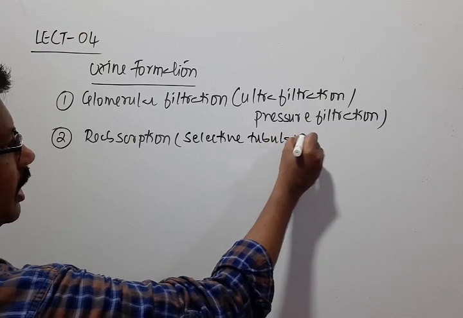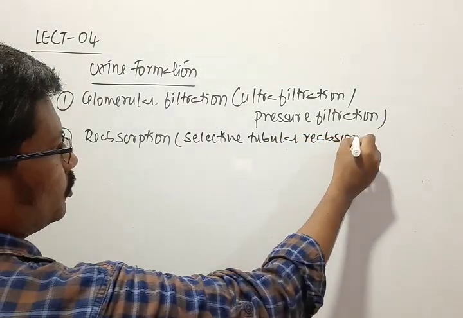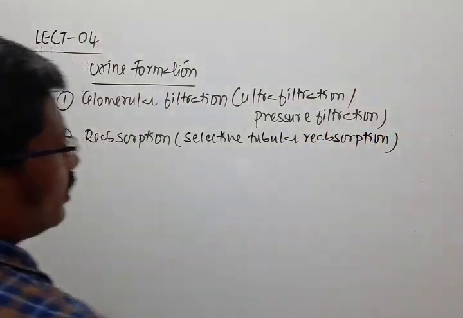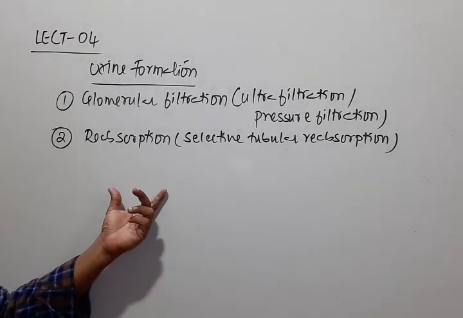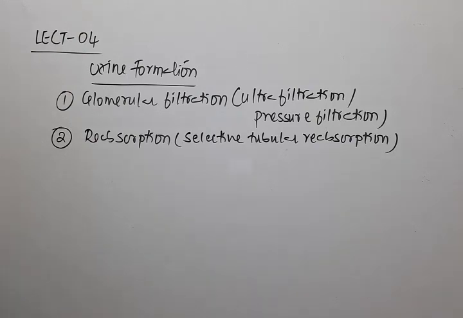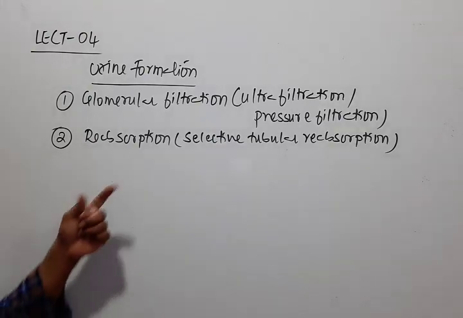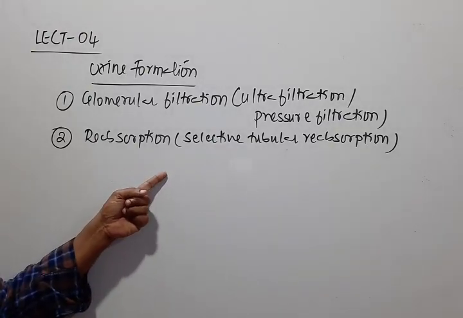I told you that when the filtration process takes place, all the useful and also the waste materials get filtered from the blood, and the body takes back whatever materials are necessary, and that is what we call reabsorption.